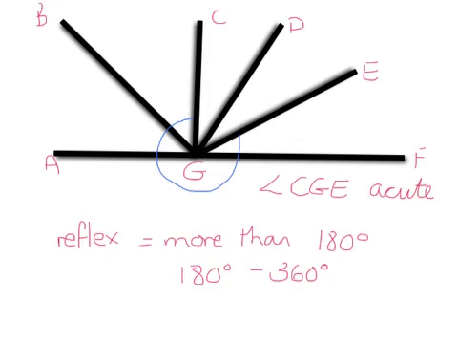And we'd write that as reflex angle CGE, but it's the reflex one that we want, which means the outside or the external angle.